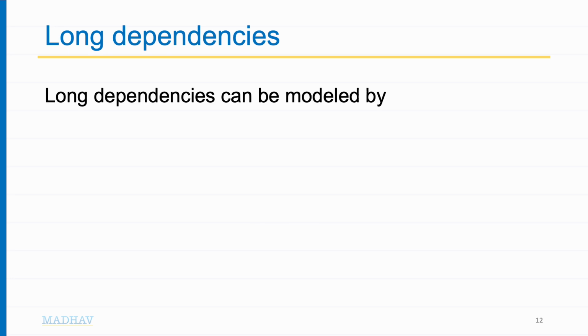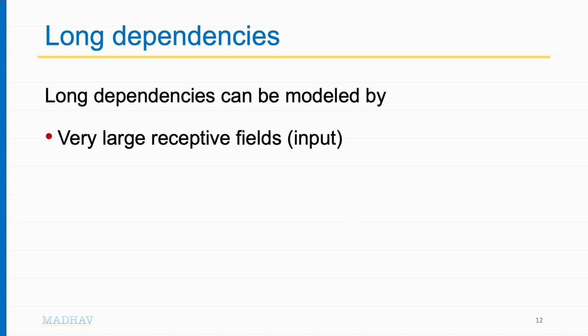So now the question is, how do we model long-term dependencies? I don't want to use simple first order Markov models because they are too limited. What can we do? One possibility is to make your receptive fields very large. How does it translate to the language of Markov models?